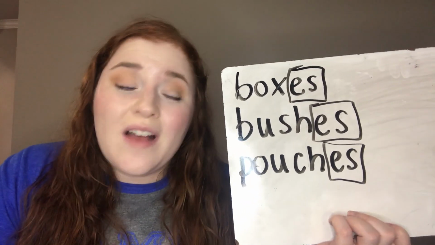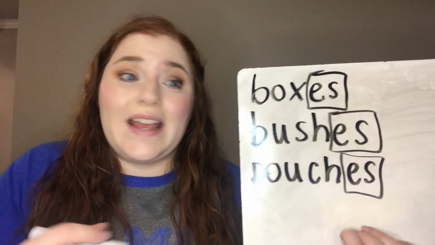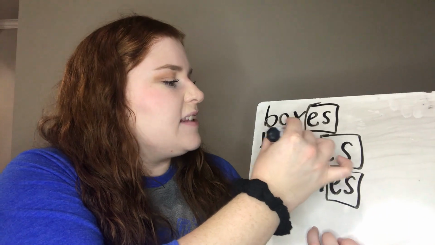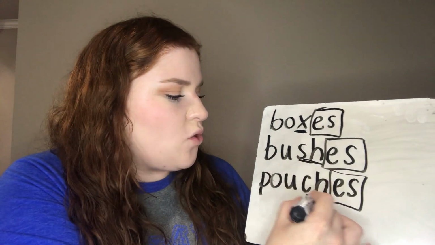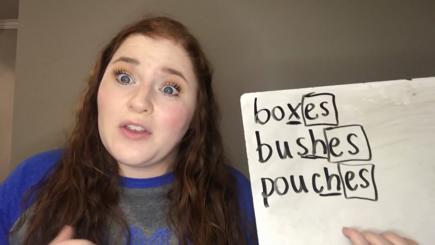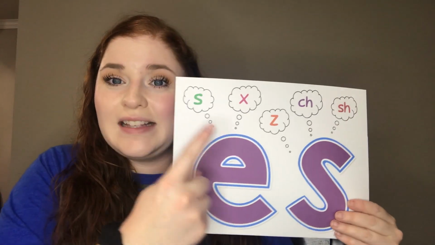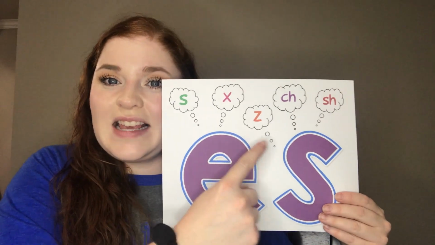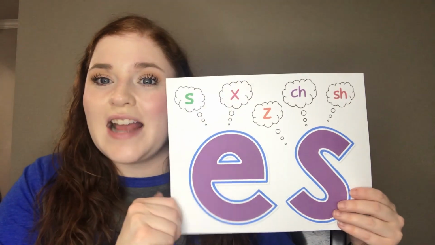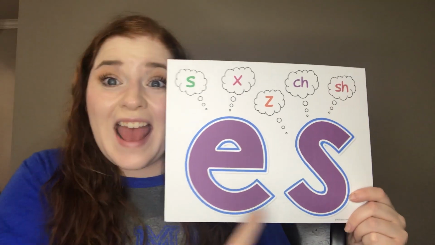So we know to use ES instead of S when our words end in X, SH, or CH. There's some other rules too. So we know that if it ends in S, X, Z, CH, or SH, we're going to want to add ES.